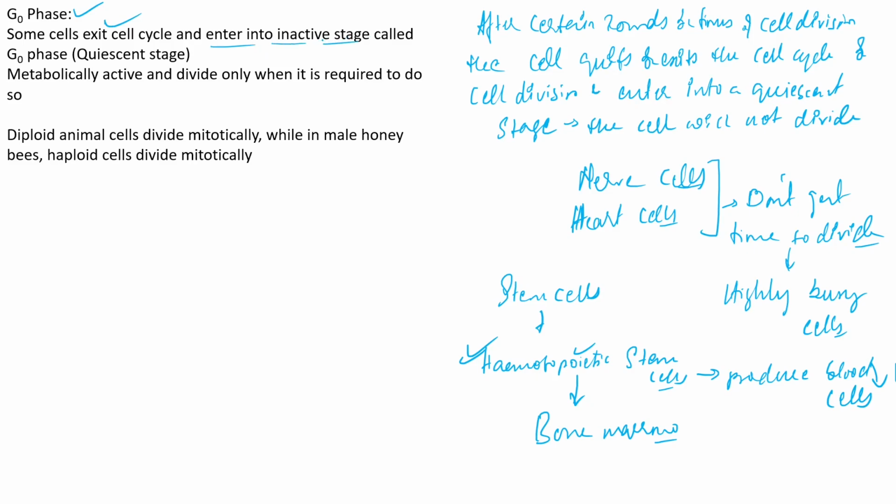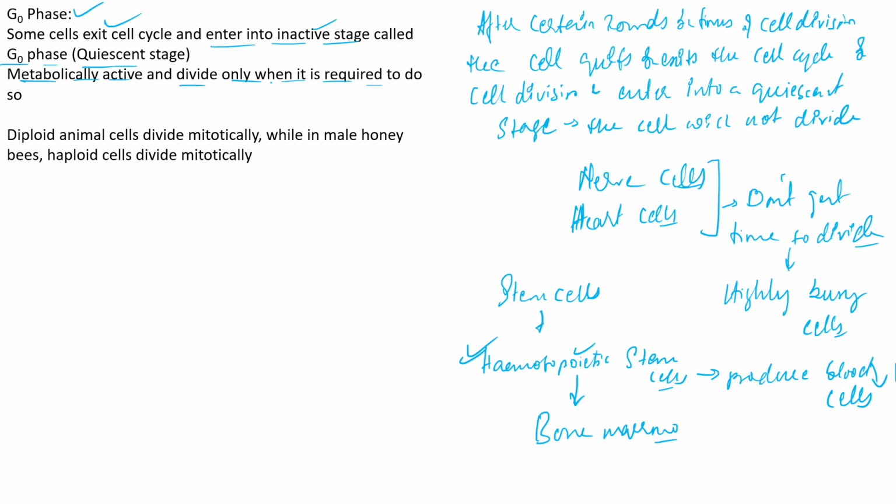Inactive in the sense the cell dividing property is inactive, but metabolically they are active. This stage is called the G0 phase, also called the quiescent phase. Quiescent means mainly silent. As I mentioned, they are metabolically active and divide only whenever it is required, or whenever there is a need to come back to cell division.